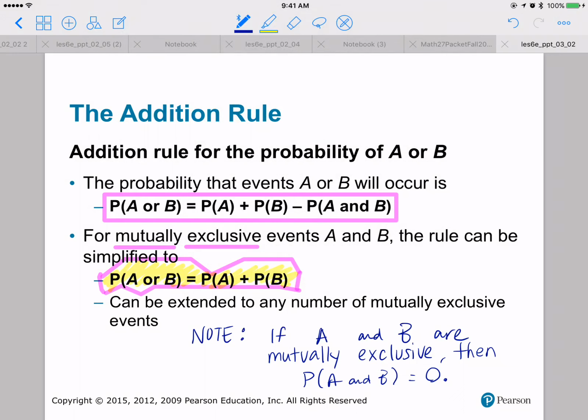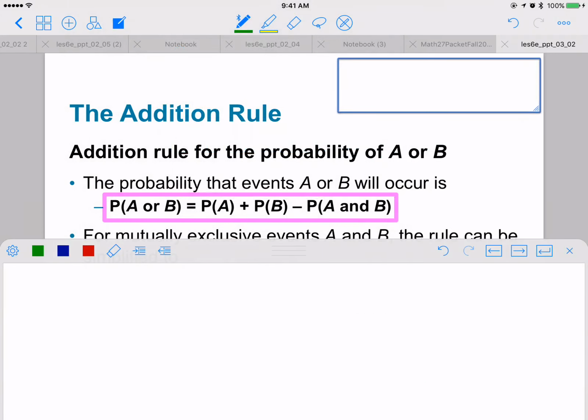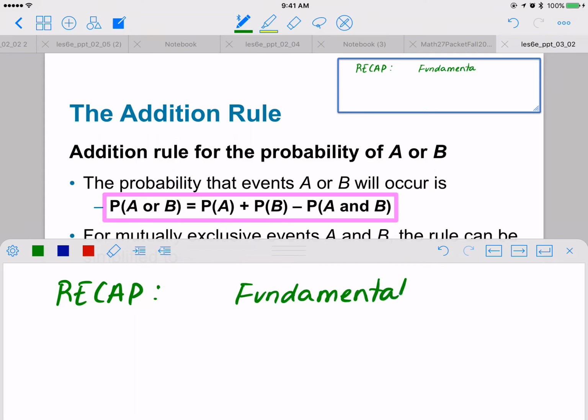So just to recap, what do we have so far in terms of our rules? We have our fundamental counting principle, which said that the number of times that two outcomes can occur is going to be m times n, where m is the number of different ways that the first event can occur, and n is the number of ways that the second event can occur.